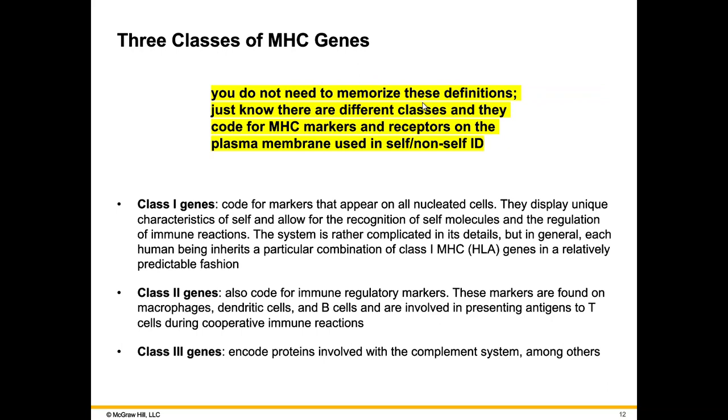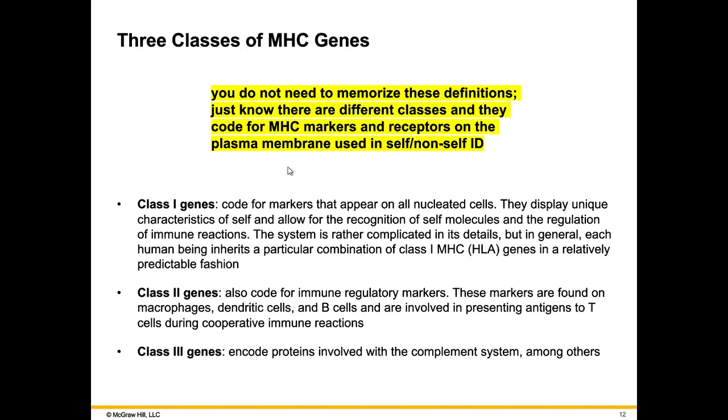Just make sure that you notice I have written here in the highlighted area. You don't need to memorize these definitions here in the different classes, but you should recognize that there are different classes and that they code for these MHC markers and receptors and is used in this self and non-self identification. So we have three different classes, class 1, 2, and 3.